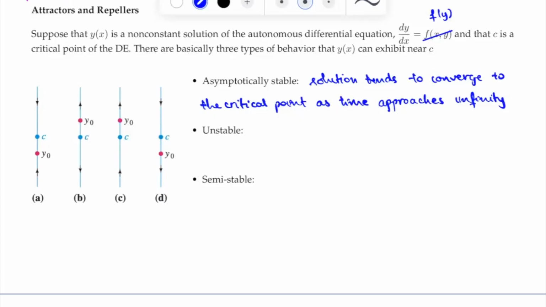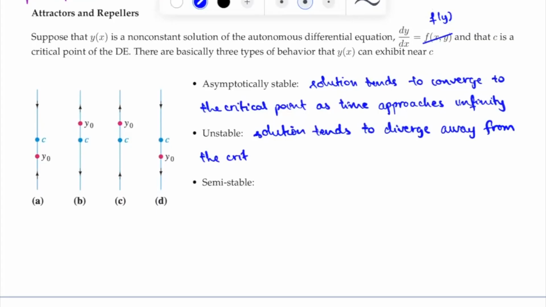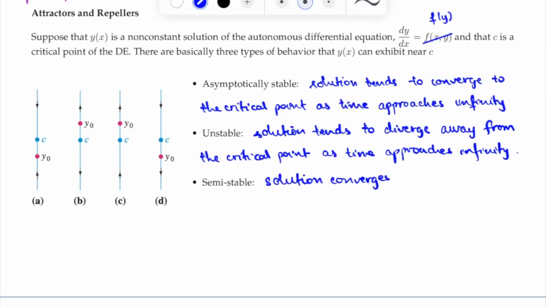For an unstable critical point, the solutions tend to diverge away from the critical point as time approaches infinity. And the last type is called the semi-stable point. This is where solutions converge on one side and then diverge on the other side of the critical point.